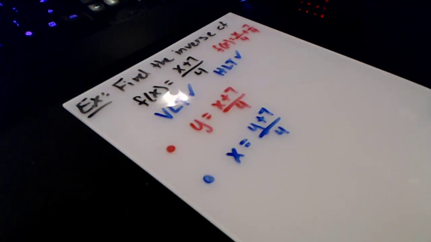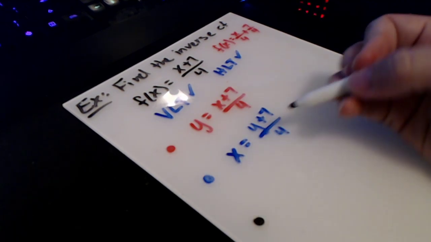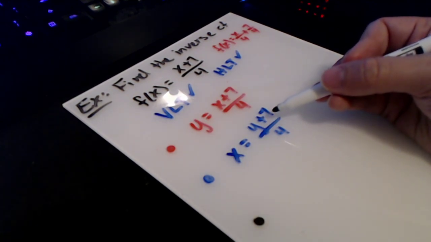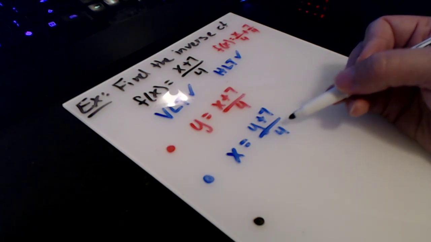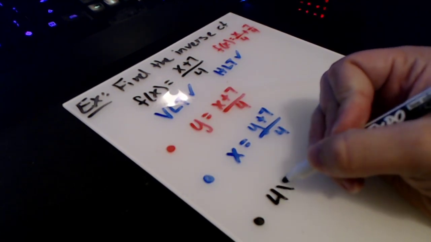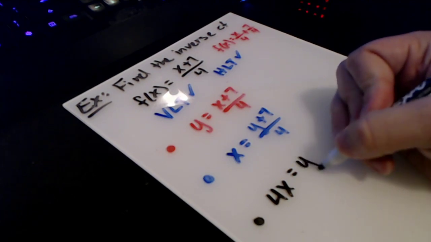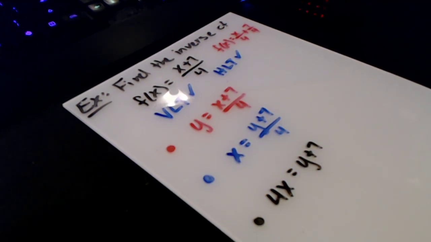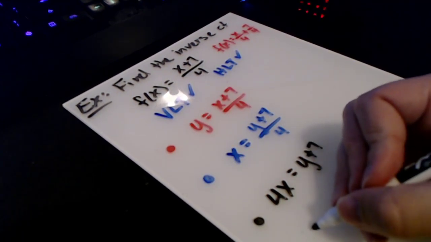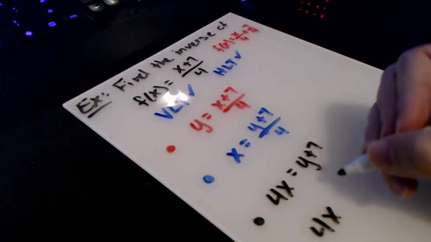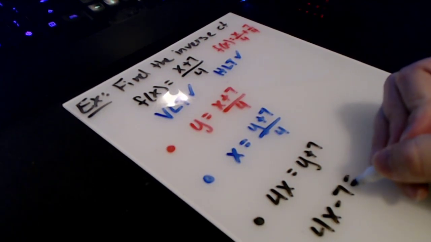Then we start solving for our new y. First, we need to get this 4 out of the denominator, so we multiply, and we end up with 4x equals y plus 7. Then we subtract 7 from both sides and get 4x minus 7 equals y.